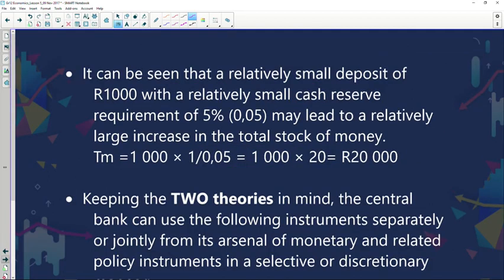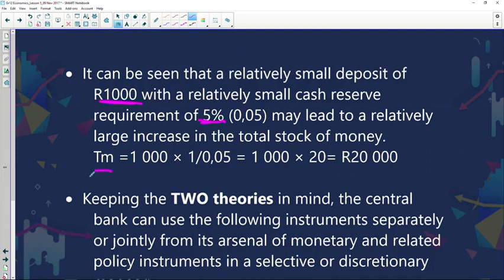So here's an example just to make sure that we've got a better understanding of what I've just mentioned. It can be seen that a relatively small deposit of 1,000 Rand with a relatively small cash reserve requirement of 5%, so here's our deposit of 1,000 Rand and the cash reserve requirement is 5%, may lead to a relatively large increase in the total stock of money.